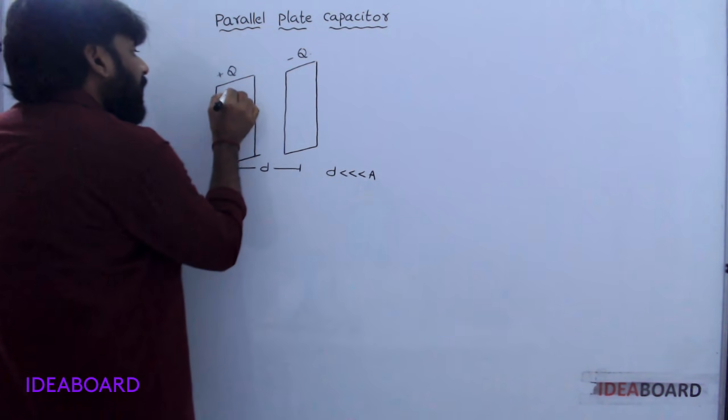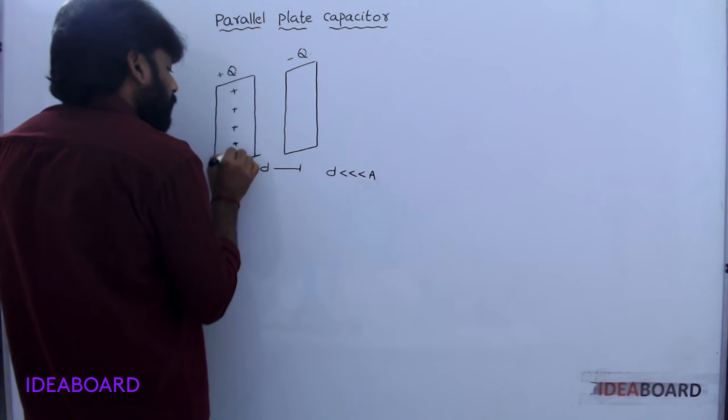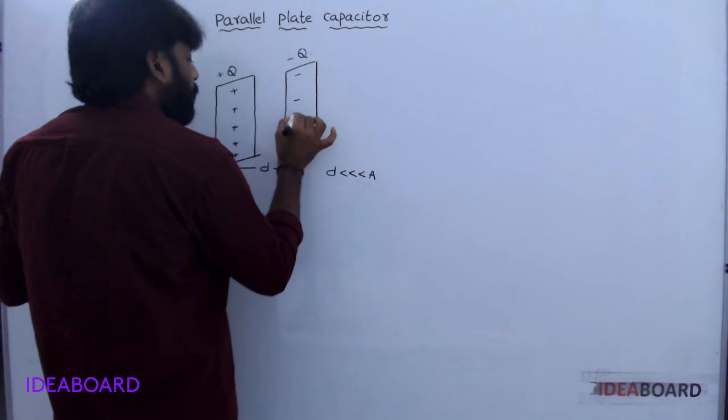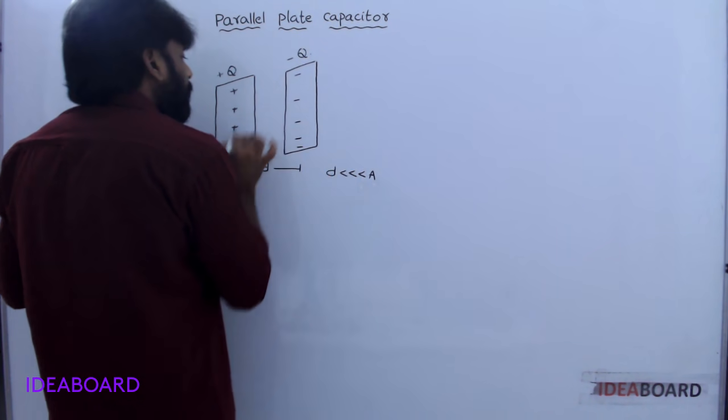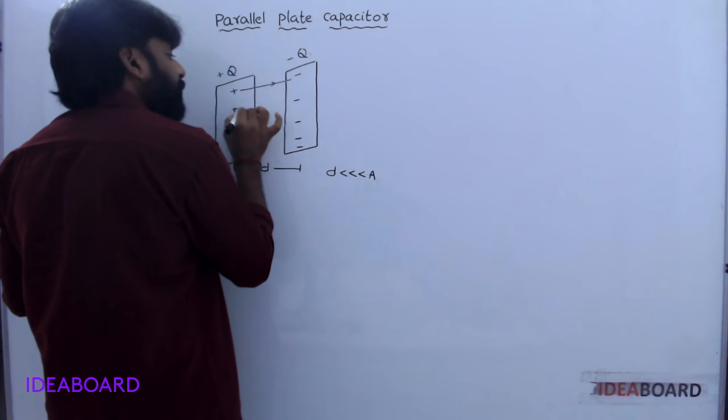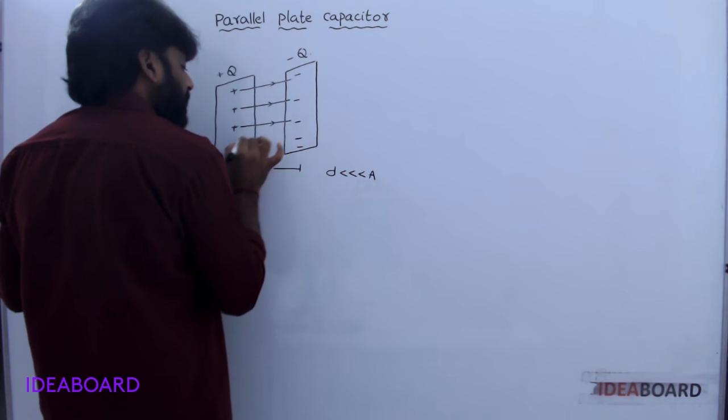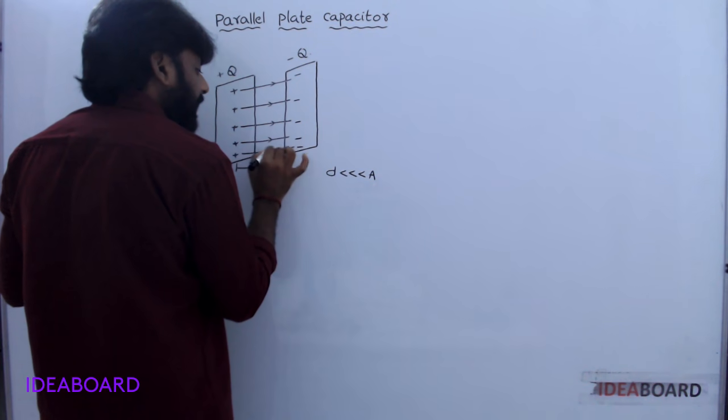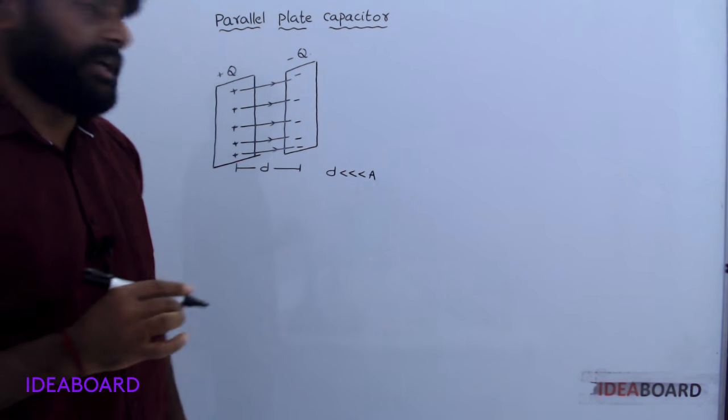Now, electric lines of force go from the positive plate to the negative plate.